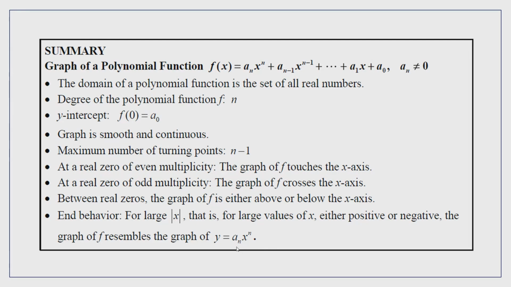And for end behavior, for large absolute values of x, that is for large values of x, either positive or negative, the graph of f is going to resemble the graph of y equals your leading term, a sub n times x to the power n. All right. Okay, and that concludes section 3.1.